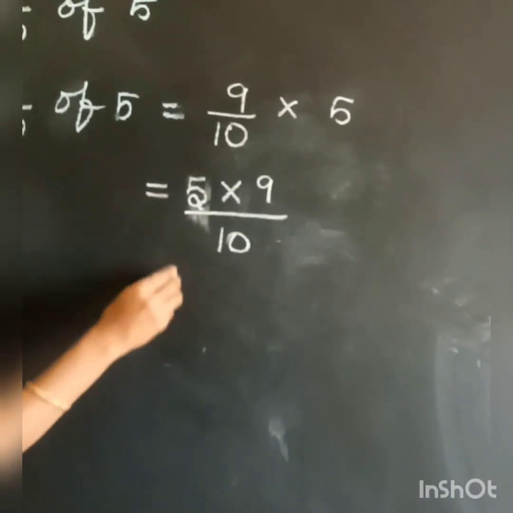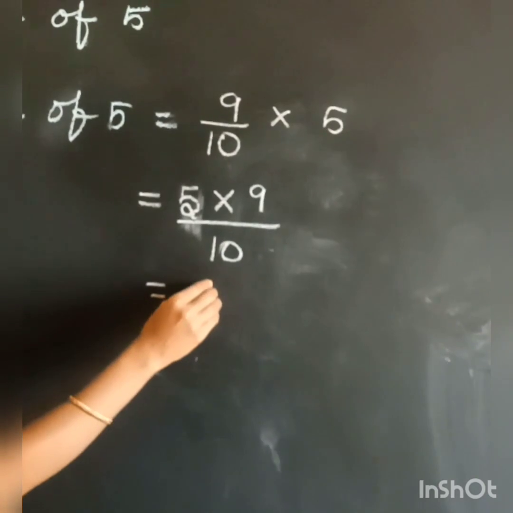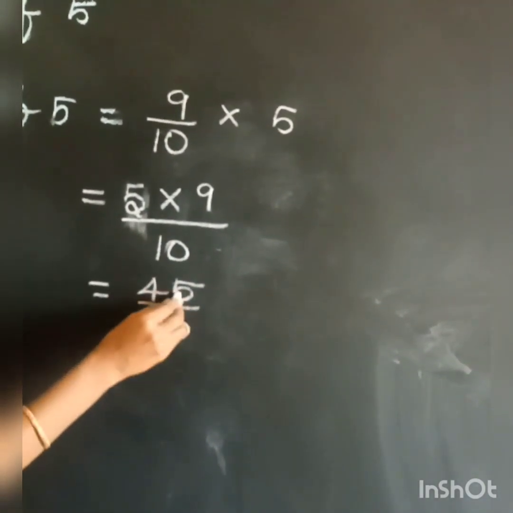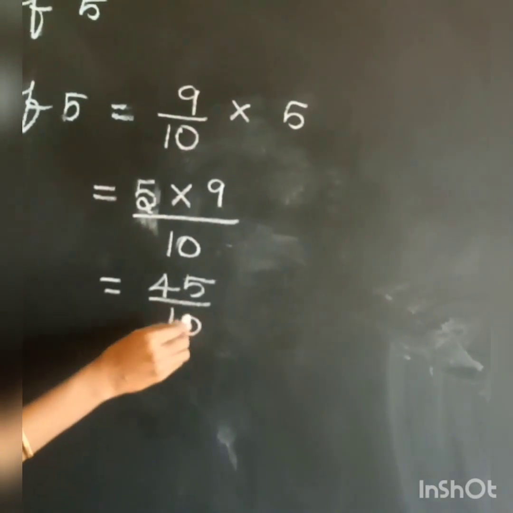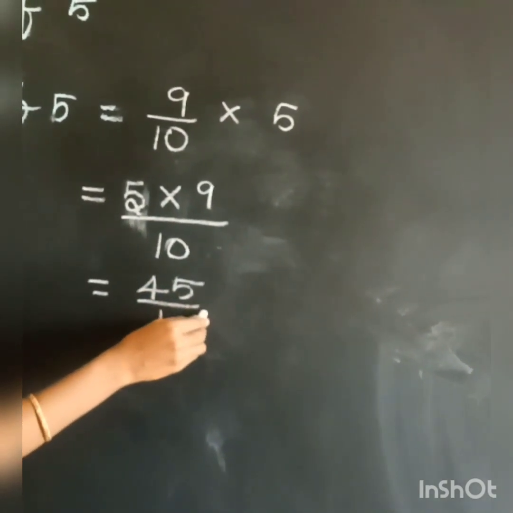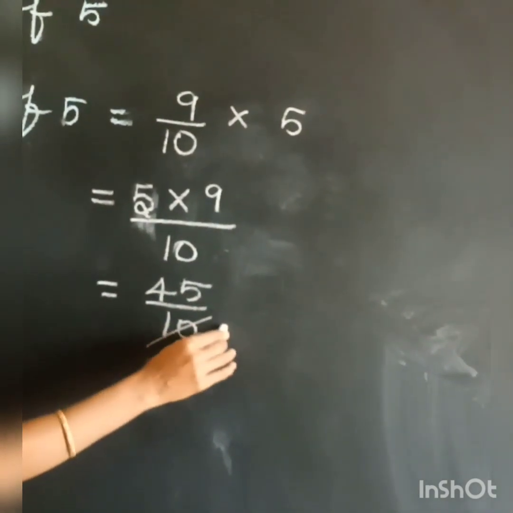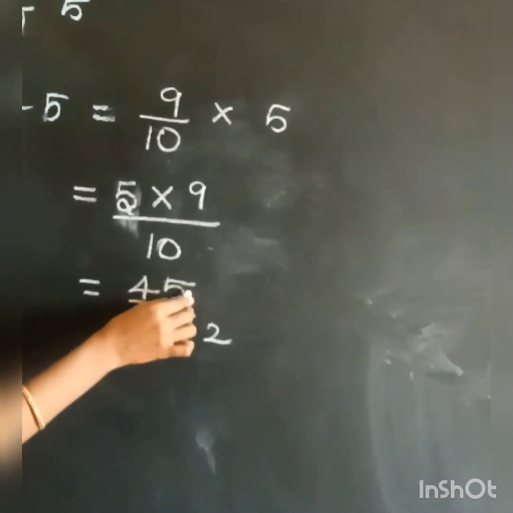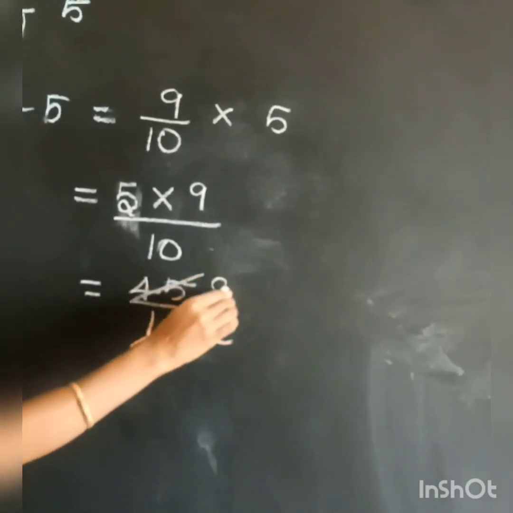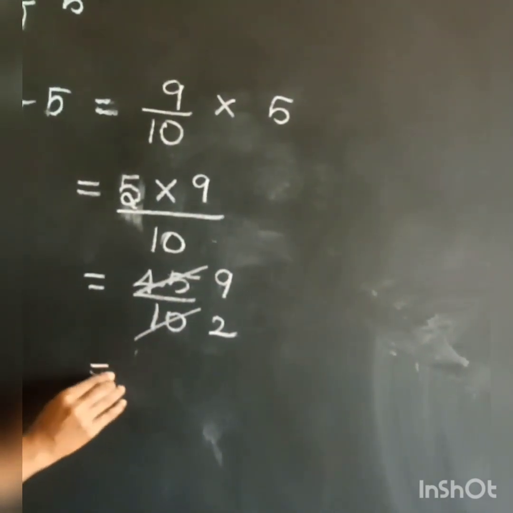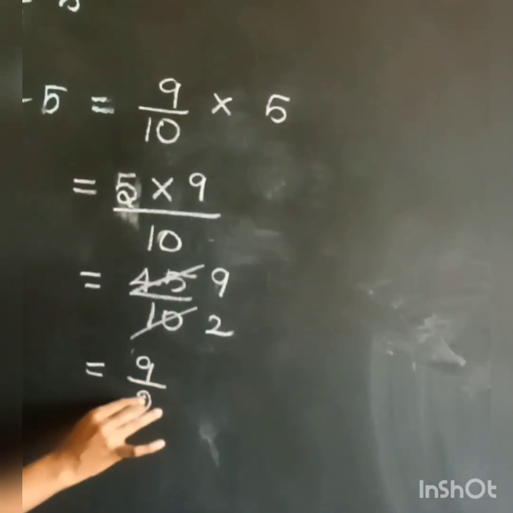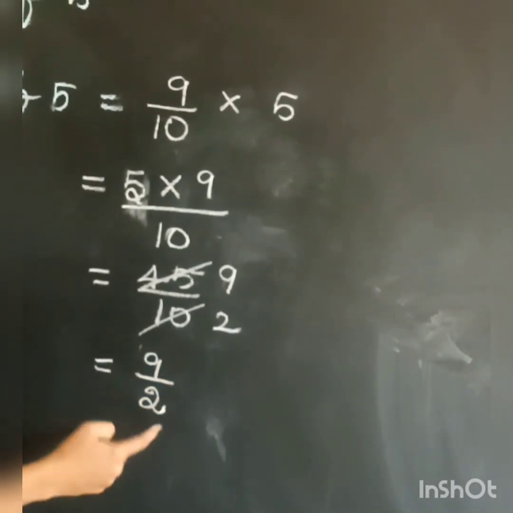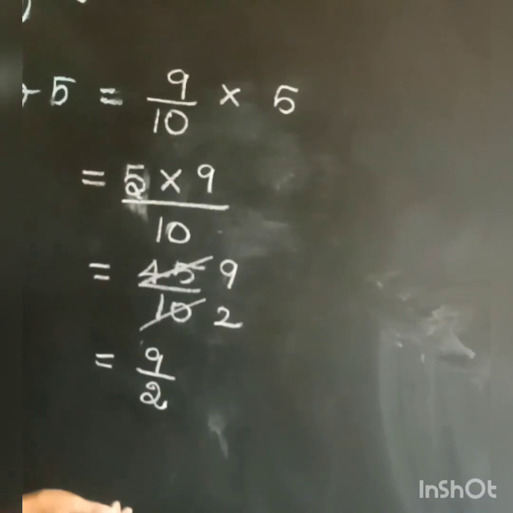Which is equal to 5 into 9, 5 9s are 45, divided by 10. 45 and 10 are multiples of 5, isn't it? 1 5s are 5, 2 5s are 10, and 9 5s are 45. Right, here 9. So your answer is 9 divided by 2. It is an improper fraction. You can write it as a mixed fraction, which is also a correct answer.